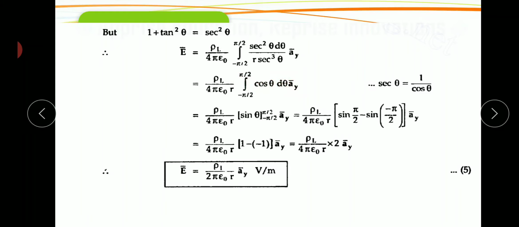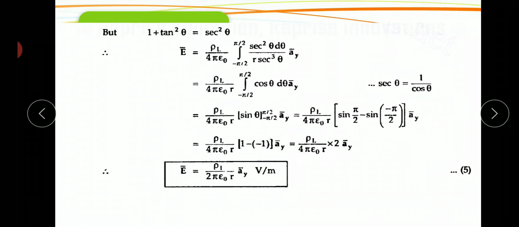Now the integral of cos theta is equal to sin theta. By applying limits minus pi by 2 to pi by 2, rho L by 4 pi epsilon naught r times sin of pi by 2 minus sin of minus pi by 2, into a_y bar. We know the value of sin 90 is 1, and sin of minus theta is minus sin theta, so sin of minus 90 is minus 1.